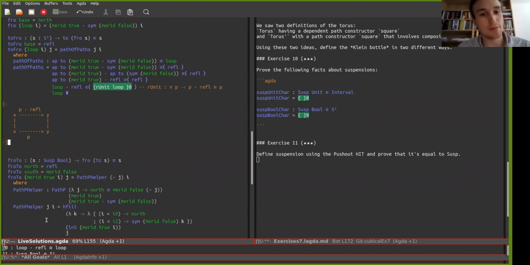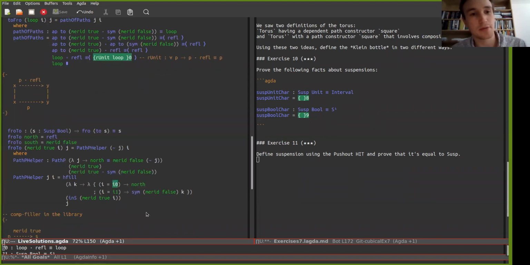So this will be path P from X to Y. And so basically a similar H-filler would work here for our unit.